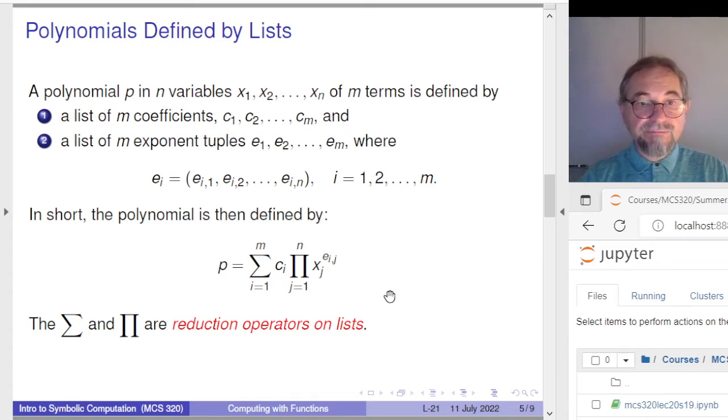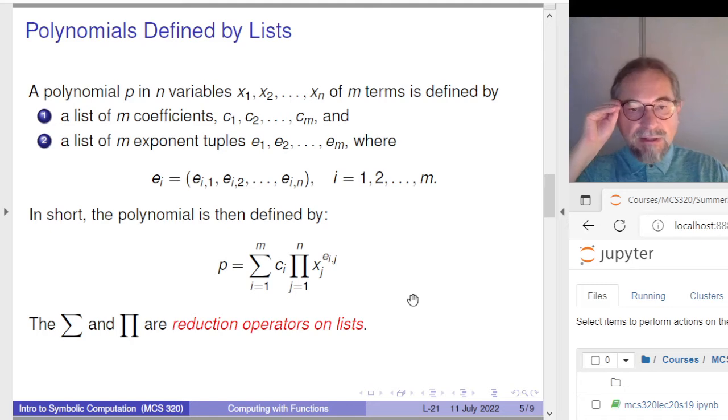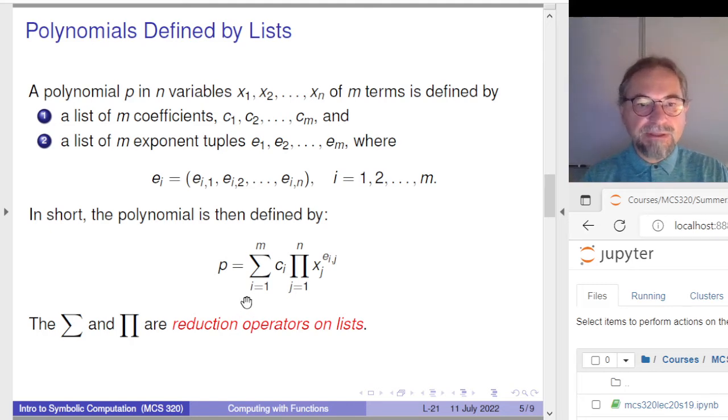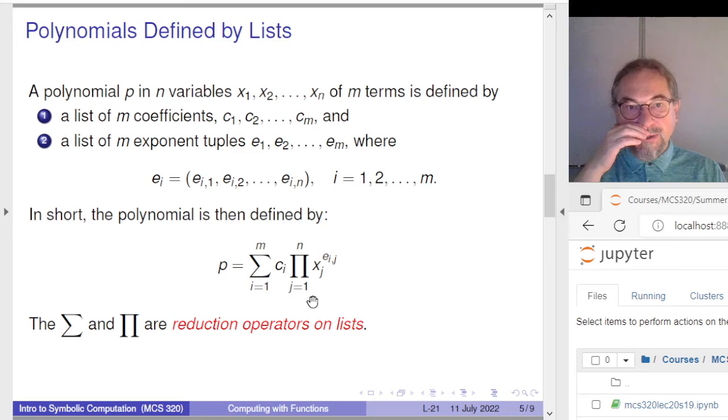This can be written very compactly mathematically, where we have the big sigma and the big pi, which represents the product. In Python we have encountered the sum, but there is also the prod operator for making products. We can see these 2 operators as operators on lists that reduce the lists essentially to one single object, and that's the expression.